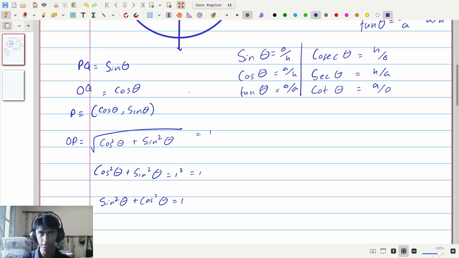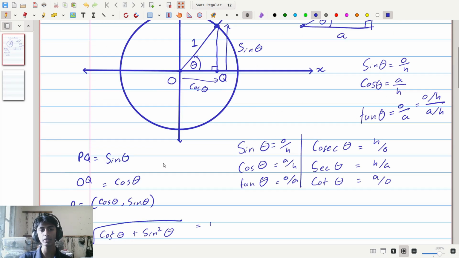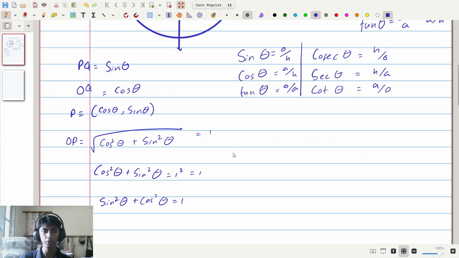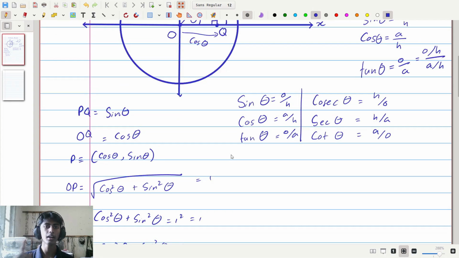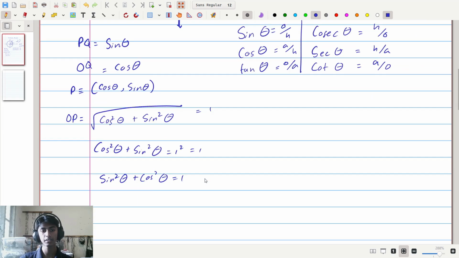is equal to 1. This is actually true for all angles of theta, and we can somewhat show that this is true by considering certain cases and drawing certain triangles. We're not going to really do that. If you want, I'll make a proof of that and link it up in the top right, and we can discuss that. But there is one trigonometric relationship that we must know when we're talking about any trigonometry.